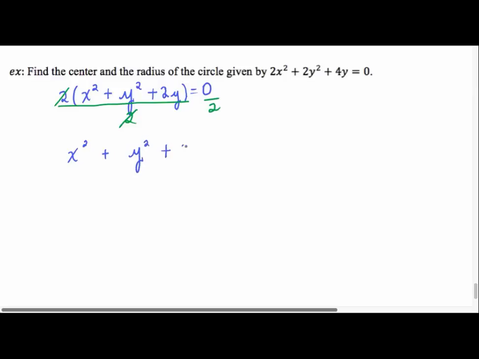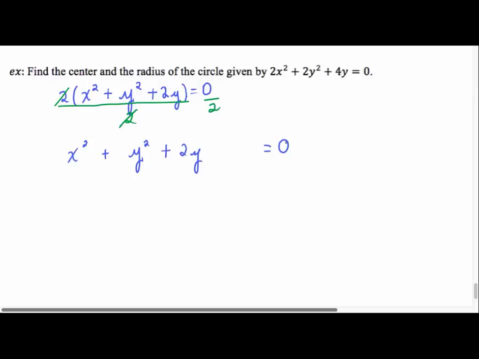First I'm going to factor the 2 out from the left just to be really clear. Okay, divide both sides by 2. That makes it a little simpler. Then let's figure it out from here. So then we have x squared plus y squared plus 2y, leave a gap, equals 0.